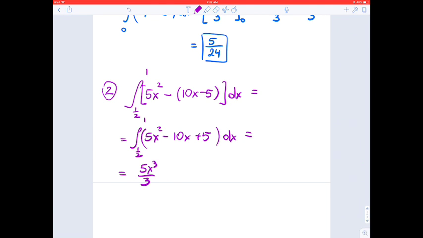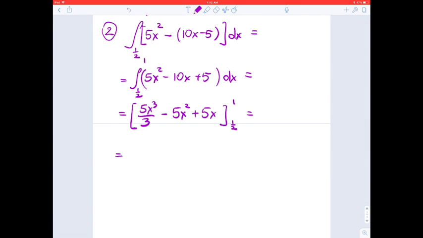The integral of 5x squared is 5x cubed over 3. The integral of 10x is 5x squared. And the integral of 5 is 5x, everything from 1/2 to 1. If I substitute 1, I will have 5 over 3 minus 5 plus 5. And substituting a half, I will have a half to the power of 3, which is 1/8, the same as we did in the first one.